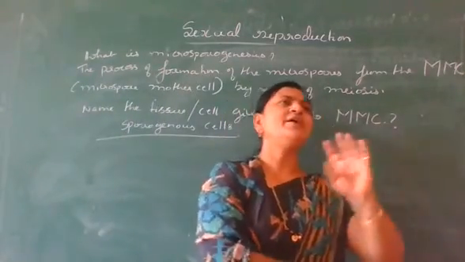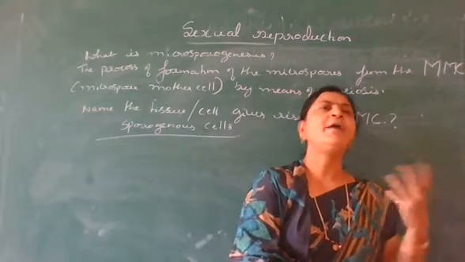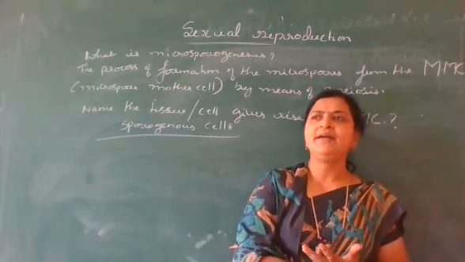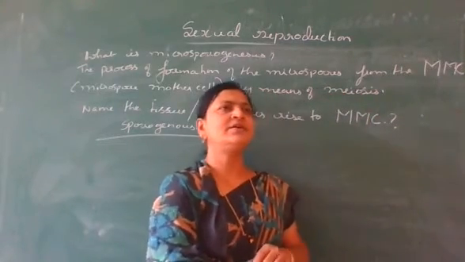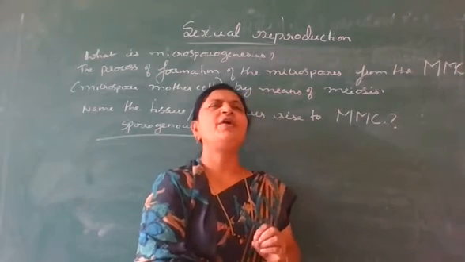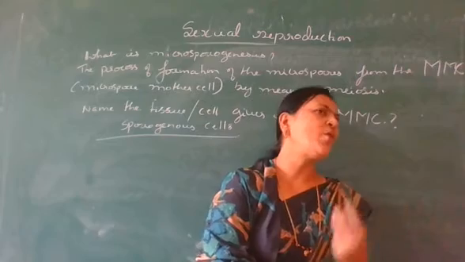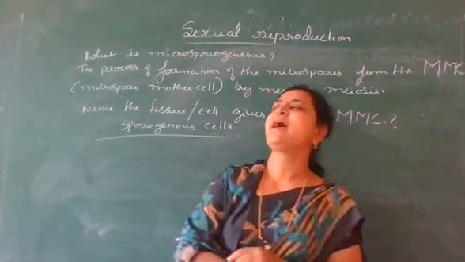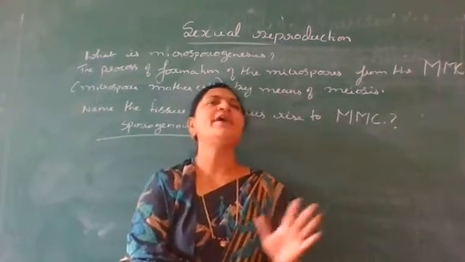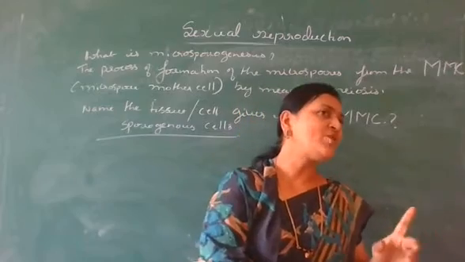Usually one of the hypodermal cells in the anther becomes very conspicuous by its very prominent nucleus as well as dense cytoplasm. That cell is called which cell?